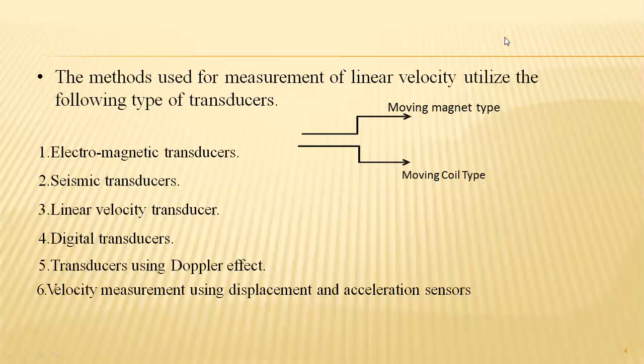Coming to the linear velocity transducer, the linear displacement changes are captured and displayed on screens, leading to a result-oriented identification. This type of sensor is utilized for calculating linear velocity. And digital transducers are used for the identification of the movements of objects.